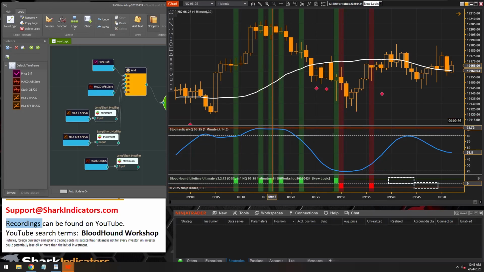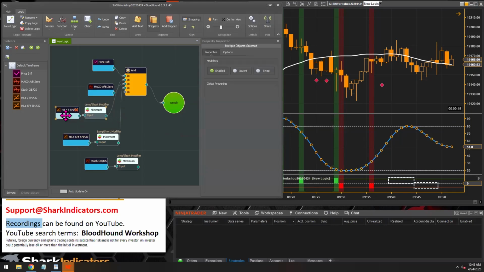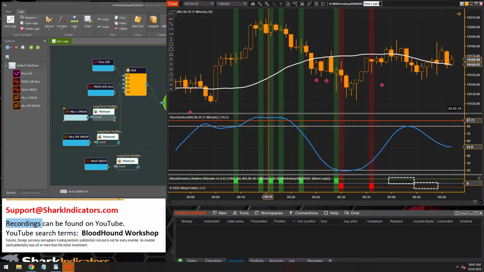So when you want to remove signals based on some condition, you make sure that you create a solver or a set here that has no output when that condition occurs. That's what we've done here.